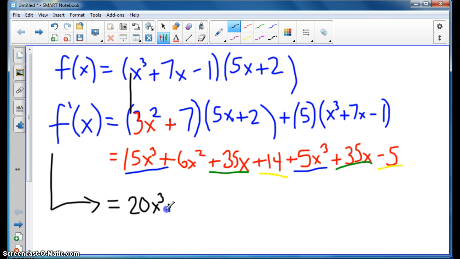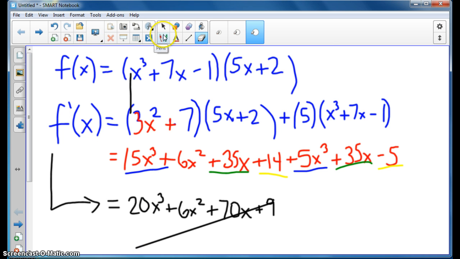We've got 6x squared. We've got plus 70x, combining the two 35x's. And we've got plus 9, combining the 14 and the negative 5.